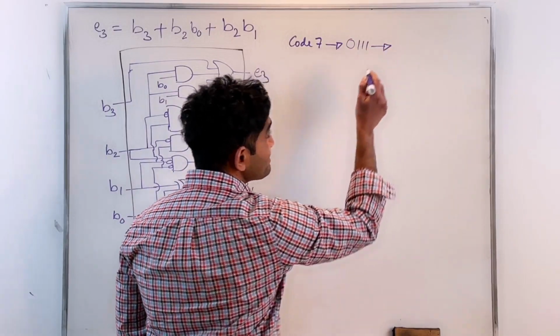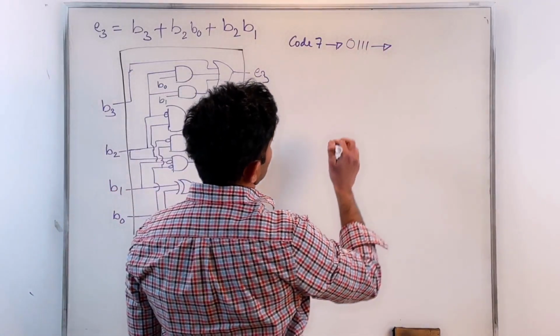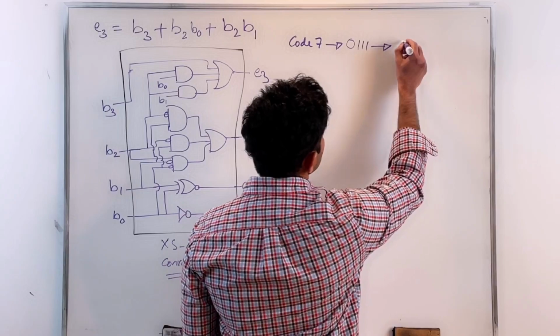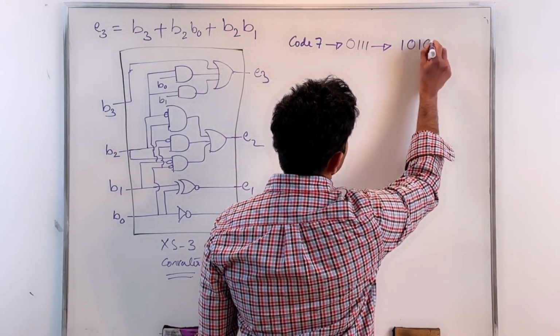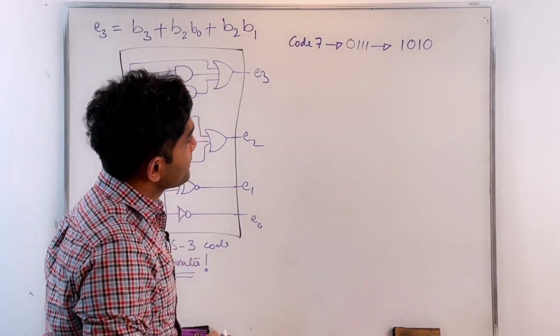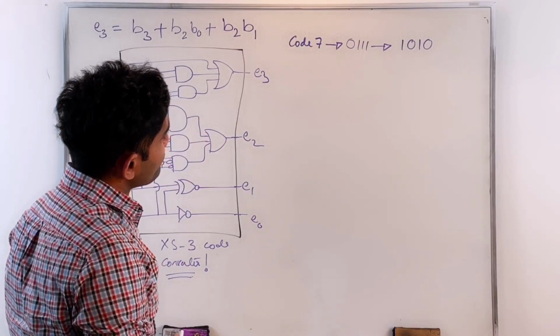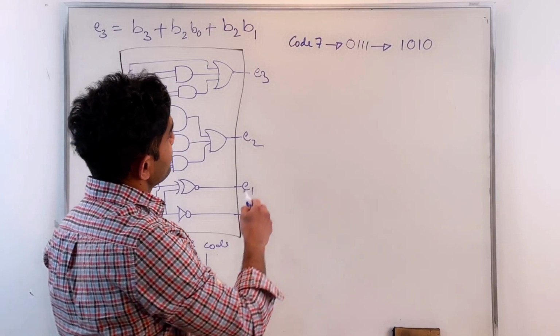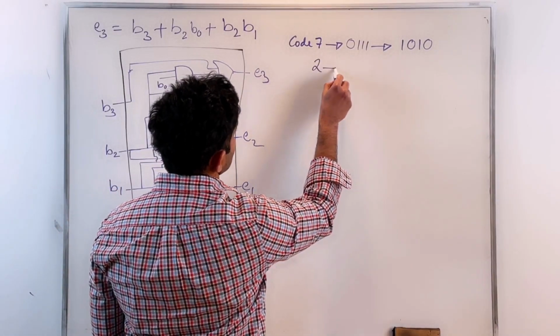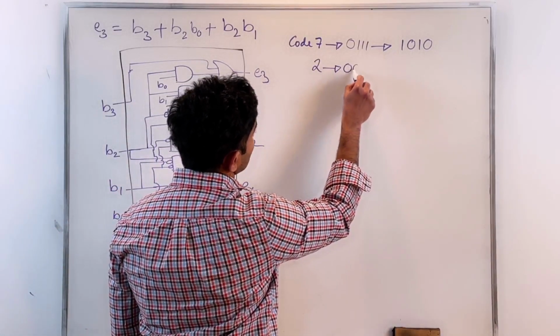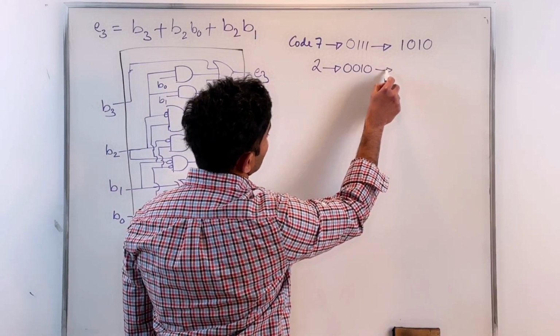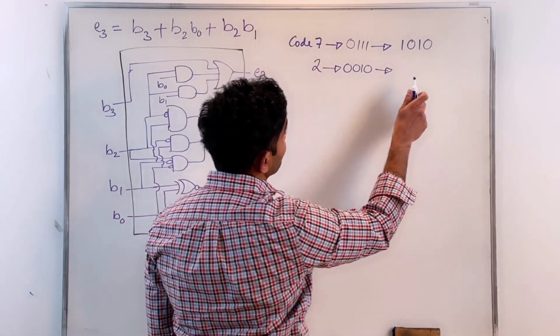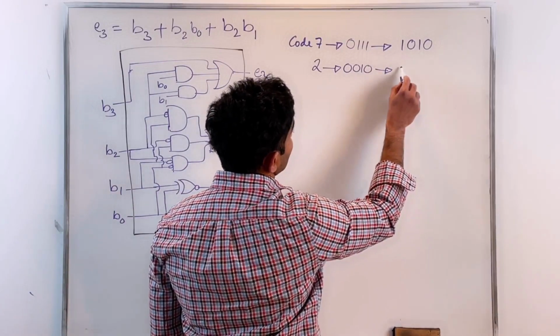The corresponding XS3 code would be plus 3, which is 10, which is 1010. And 2, let's say. 2 would be 0010. The corresponding XS3 code for that would be plus 3, which is 5, 0101.